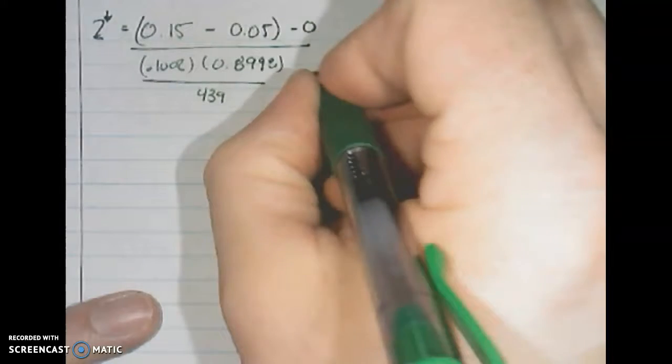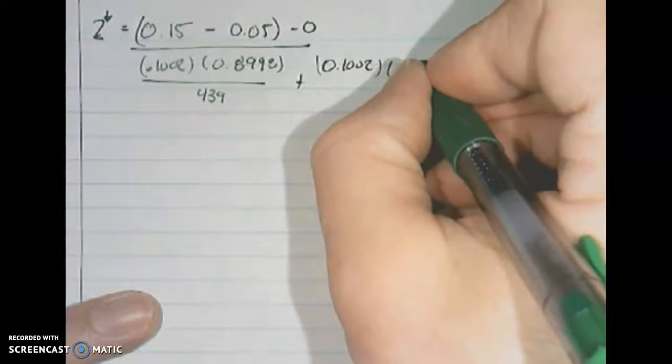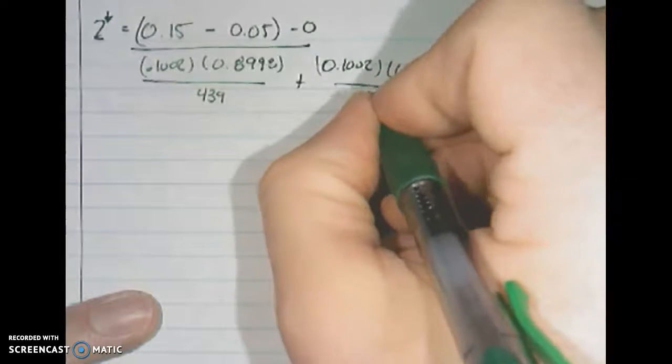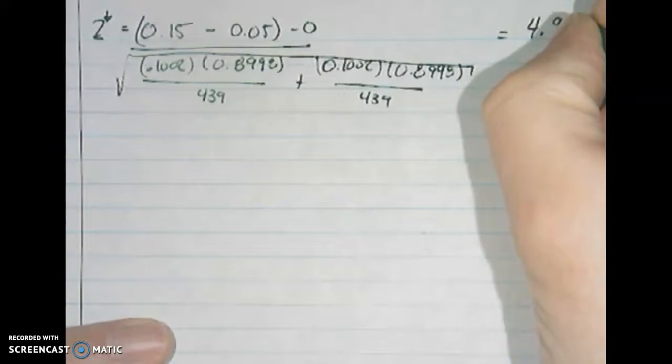My test statistic says to take the proportion of F minus the proportion of my traditional group, subtract that from 0, divide that by the square root of 0.102 times 0.8998 over 439 plus 0.102 times 0.8998 over 439. Okay, and so then that gives me 4.93.